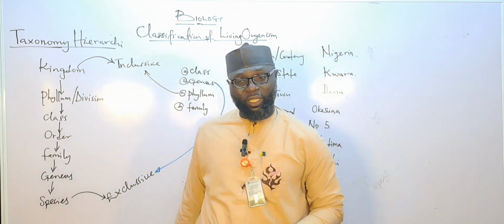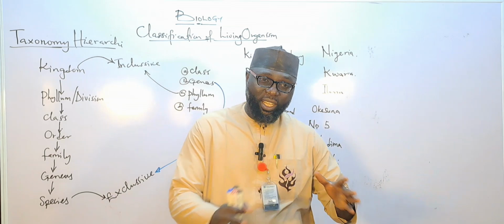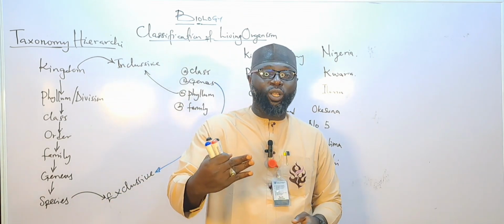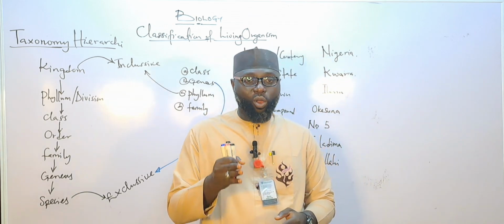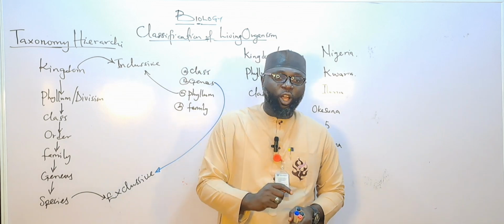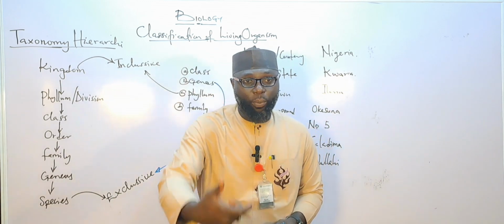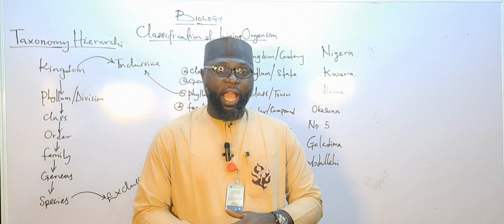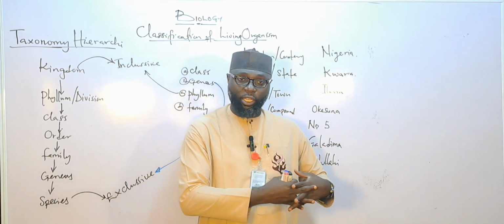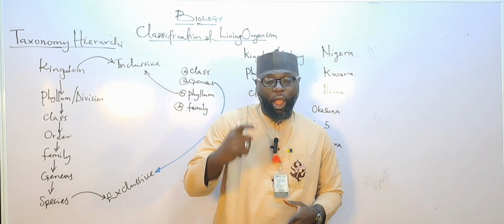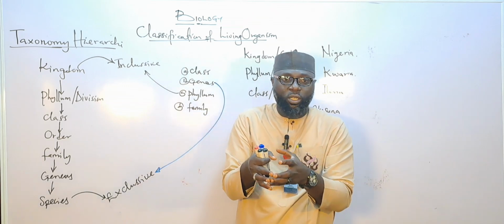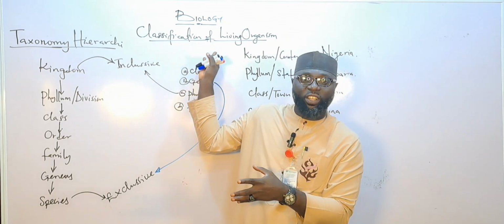After John Ray, in the 17-50 something, 17th century, another person came, his name is Carolus Linnaeus. Carolus Linnaeus wrote a book called Systema Naturae, and he made a major contribution on classification of living things.